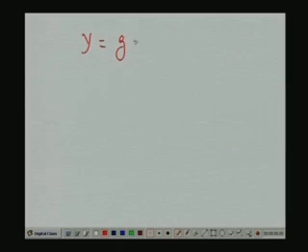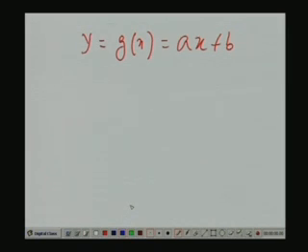A very simple example, suppose y is given as g(x) as ax plus b, very simple relation, just the relation of a straight line.